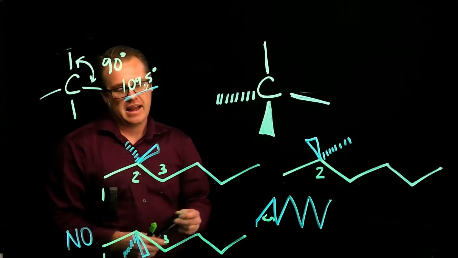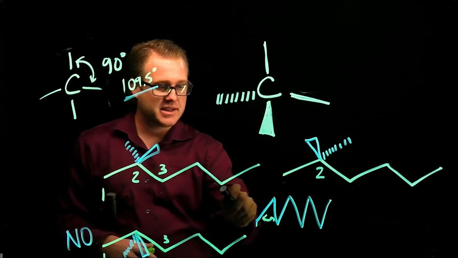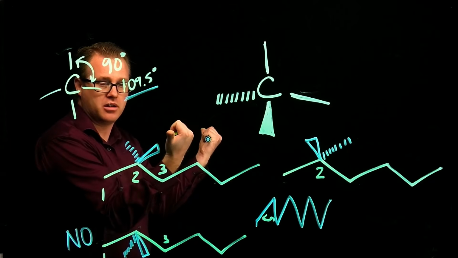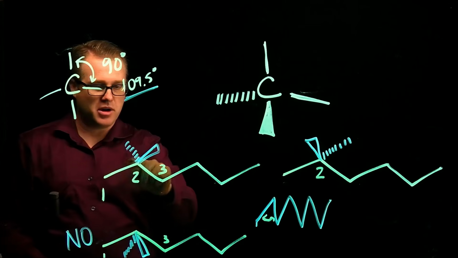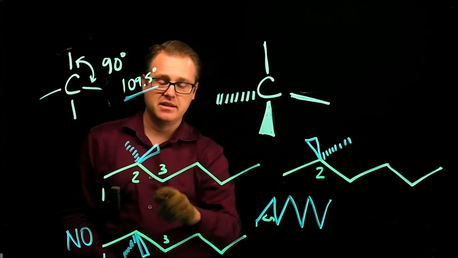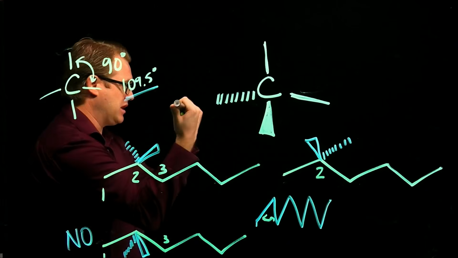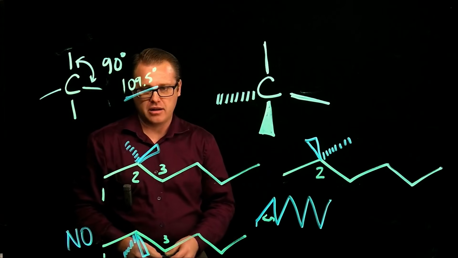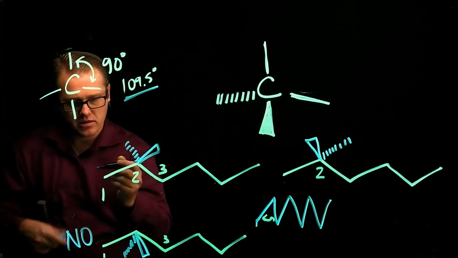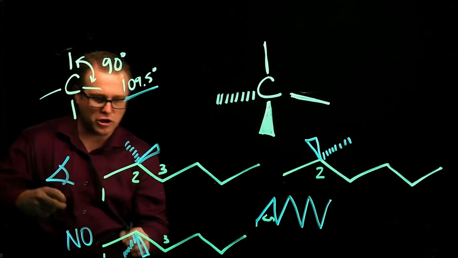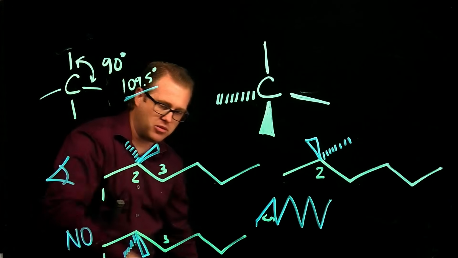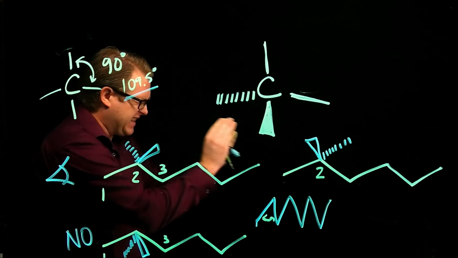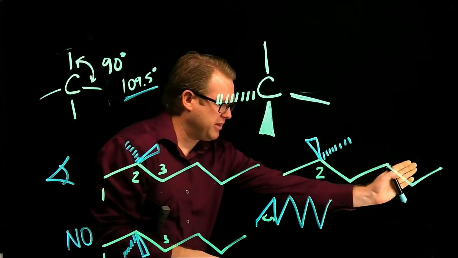So what you can say is that if you trace the green skeletal backbone here, these blue bonds are just perpendicular to the green bonds. The green bonds are in the plane of the glass, and these blue bonds are out of the plane. The way I look at it is if I could take my eyeball and look down this green backbone, I can see the green backbone right through the plane.